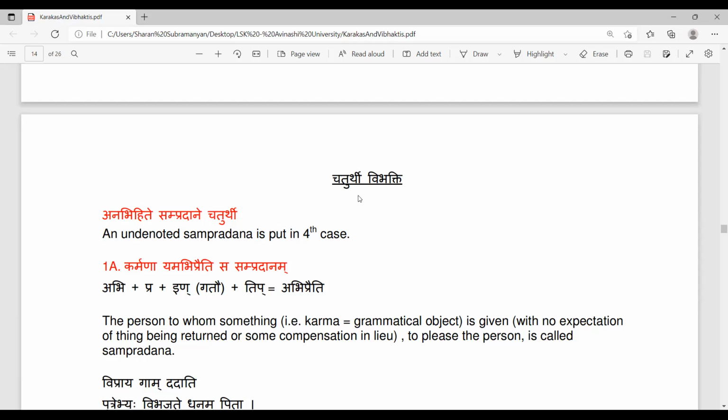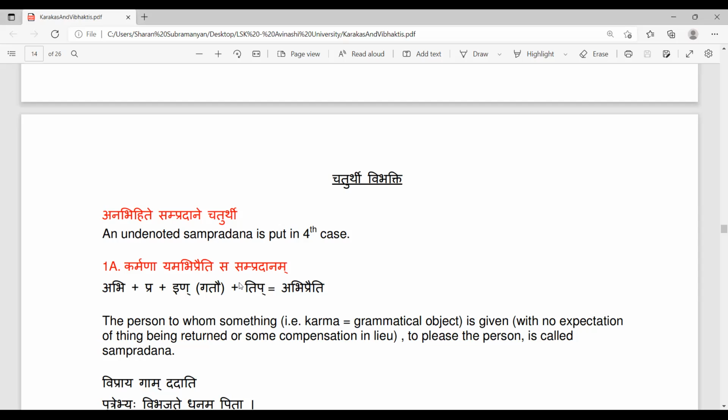The sutra number is not given here, but later I will add it in the word file. Karmana is 1.4.32. You can guess: Sampradana Sanya being a Karaka Sanya, it must be in the 1-4 section.